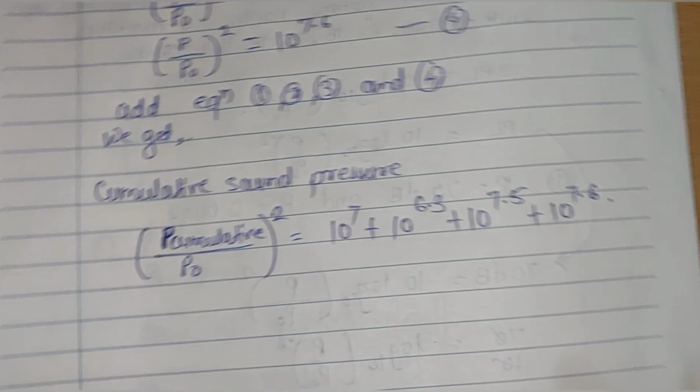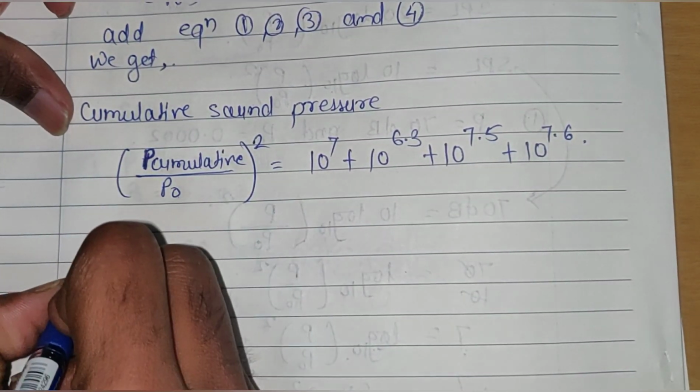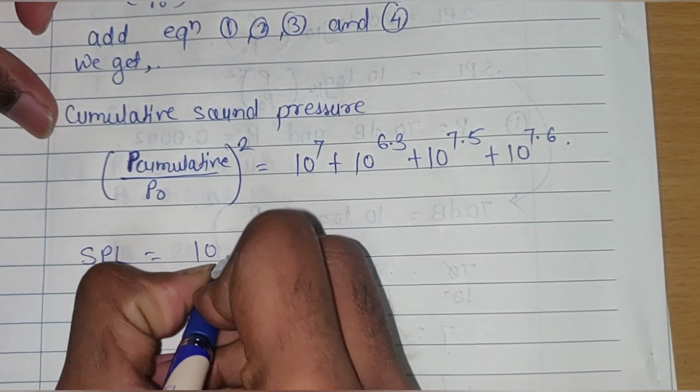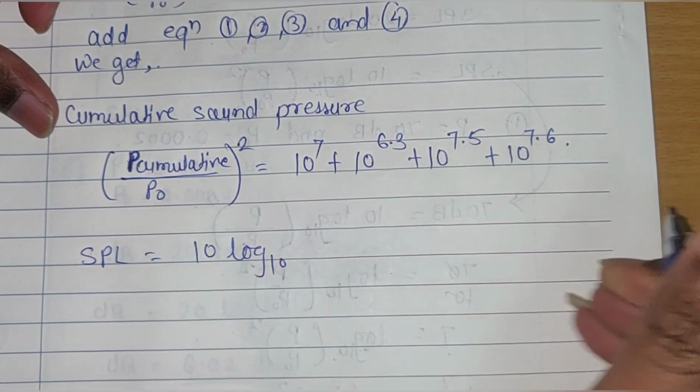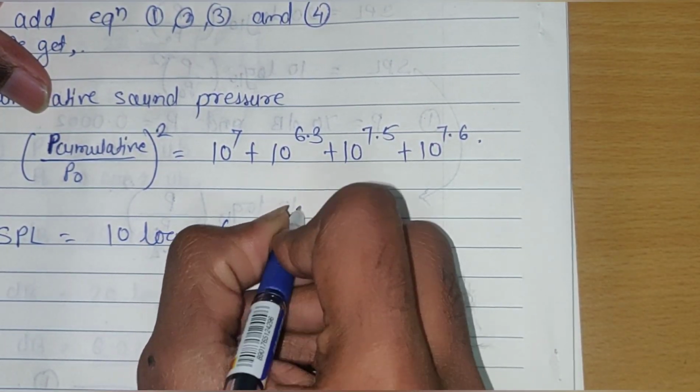Now use the formula for sound pressure level. We know that the formula for sound pressure level is equal to 10 log to the base 10 of (P upon P naught) whole square.